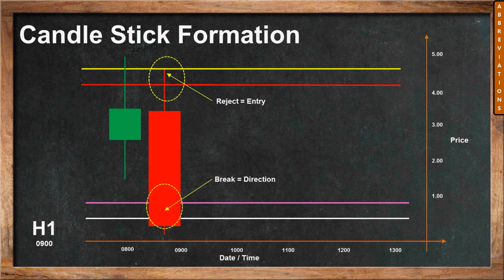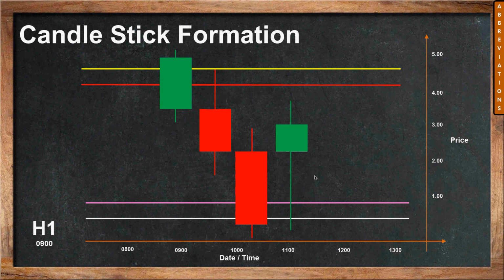It tells you that after this, the price is going to go down. So this is the basic fundamentals of candle reject and candle break. Over here I have 4 examples.